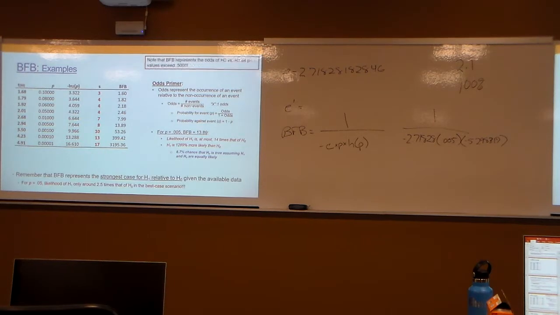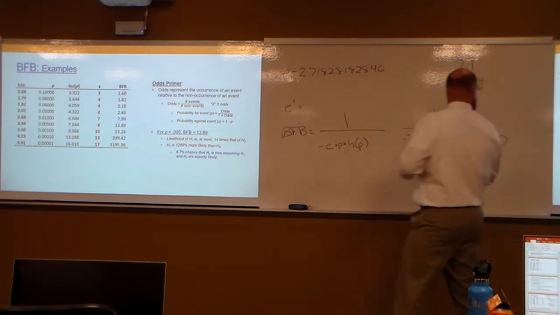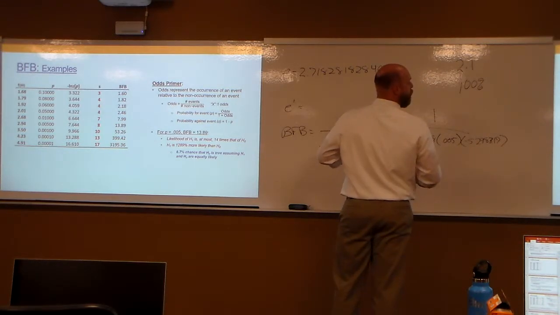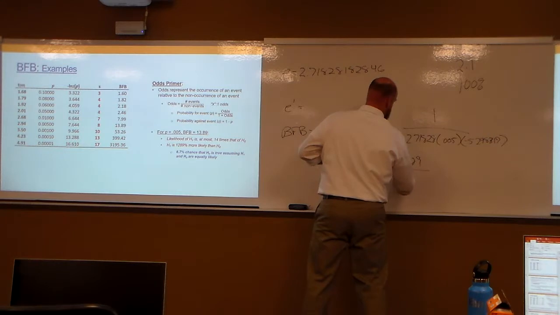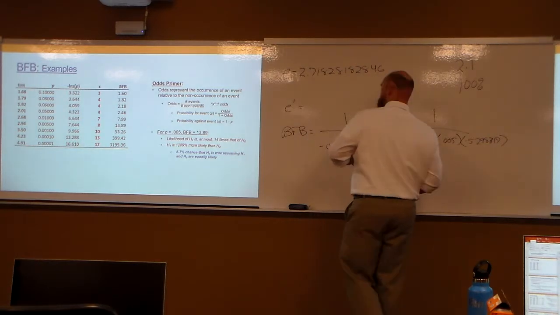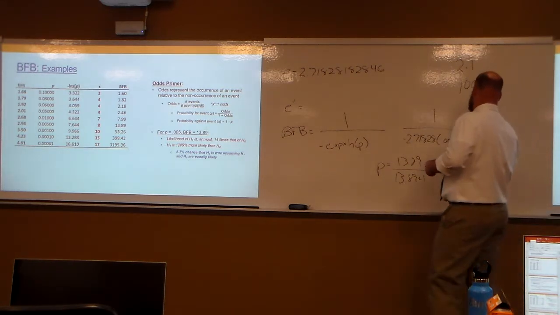And so if we know that the probability of an event is our odds over 1 plus the odds, so if I take 13.89 over 13.89 plus 1, what does this give me? 0.93. What's that? 0.93. 0.93 what?